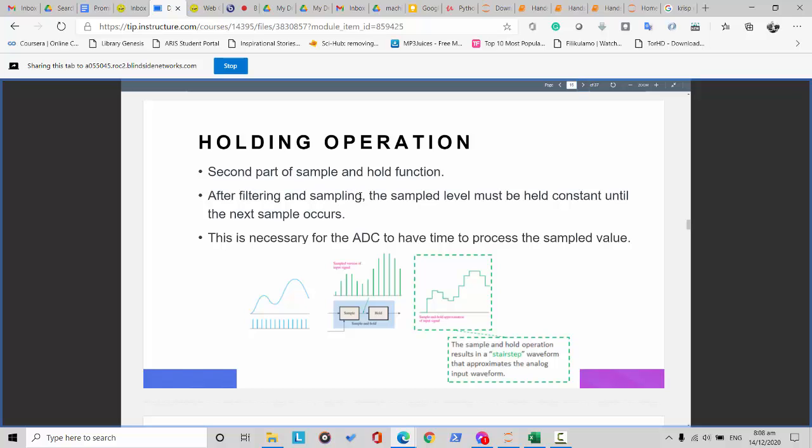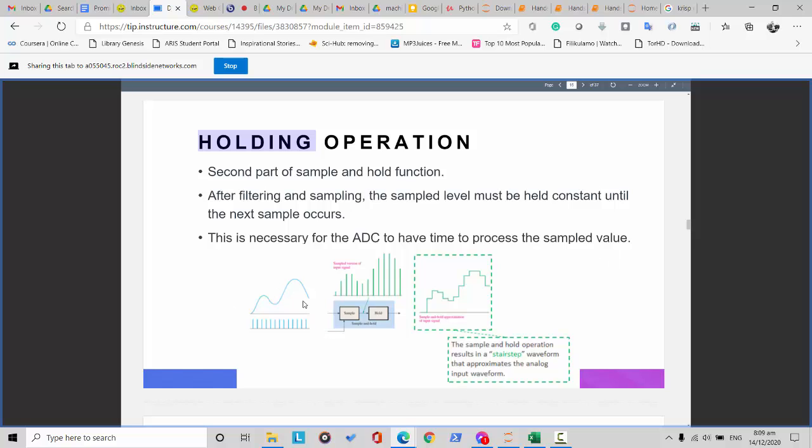Remember the precedence: filtering comes first, then the sampling, and after the sampling, we have the holding operation. The sampled level must be held constant until the next sample occurs. This is the function of the holding, and it is necessary for the analog to digital converter to have time to process the sampled value.